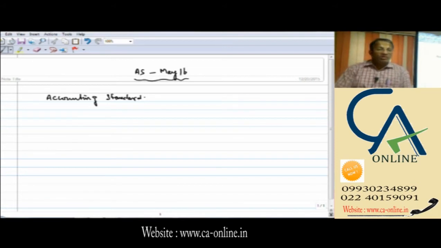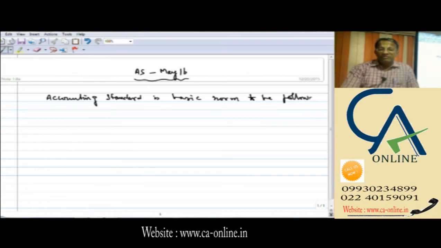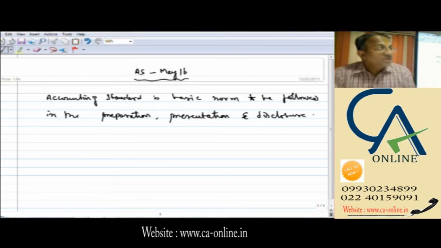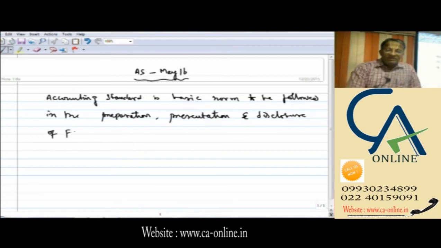So an accounting standard is a basic norm to be followed in the preparation, presentation and disclosure of financial statements.